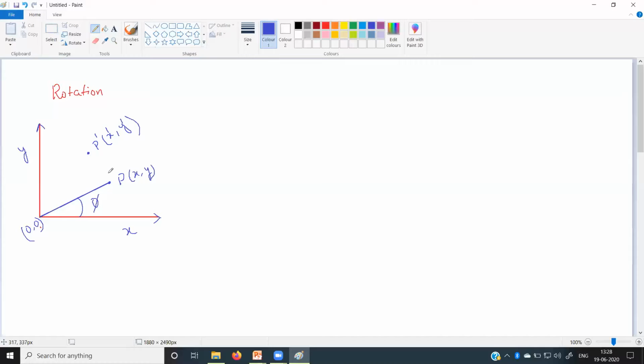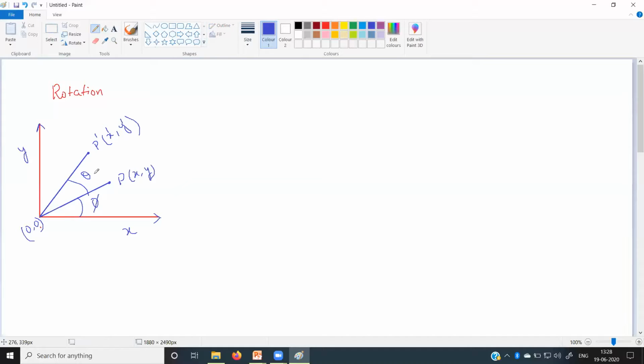If you connect P dash with the origin, you will get another line, so let me draw the line first. After connecting, I get another angle, because I want to rotate this point P by the angle theta.